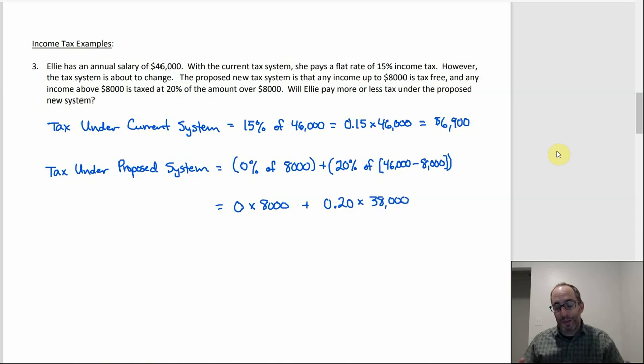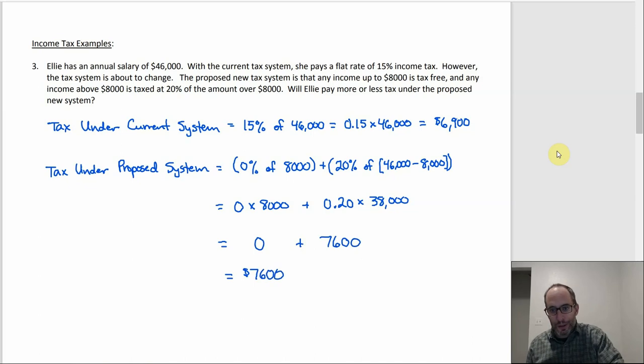Right, the 38,000 is the amount of the 46 that's more than 8, right? It's everything else beyond that first 8. So 0 times 8,000 is just 0. And then 0.2 times 38,000 is 7,600. So that means the tax under the proposed system is 7,600.